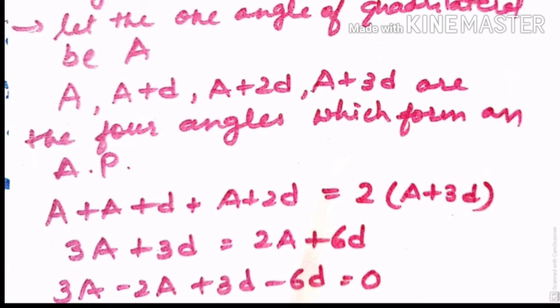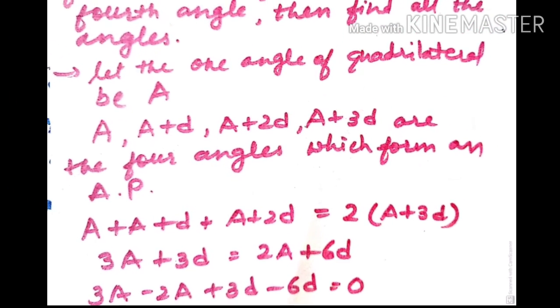Now on the left hand side, A plus A plus A is 3A, plus 2D plus D means 3D, is equal to, on the right side opening the bracket, 2A plus 6D. Now we are taking all the like terms together at one side. So I get 3A minus 2A plus 3D minus 6D is equal to 0. This way, students, I get my first equation, which I will use to get my angles.